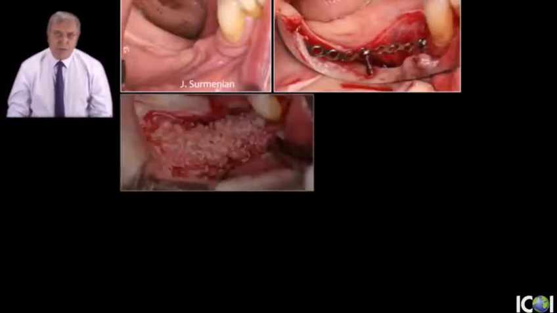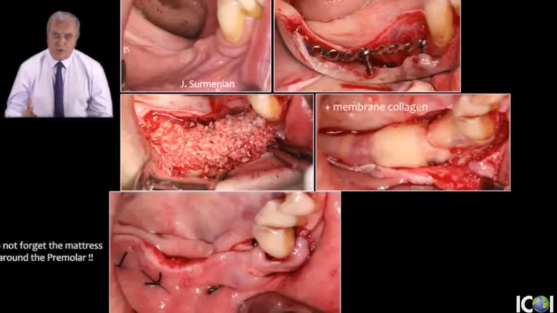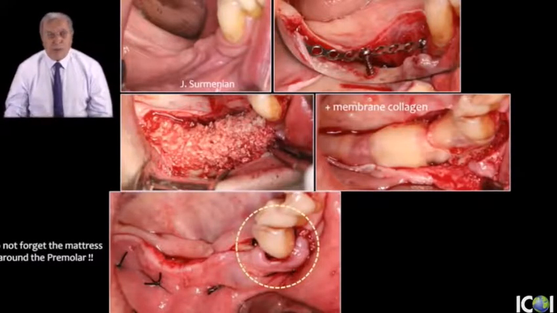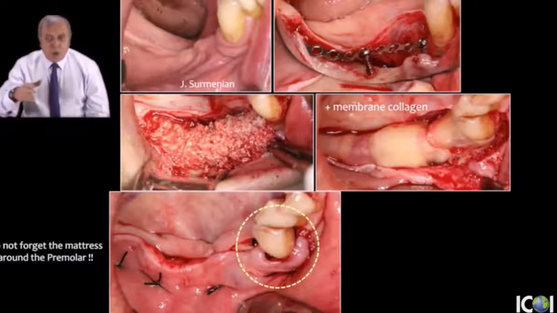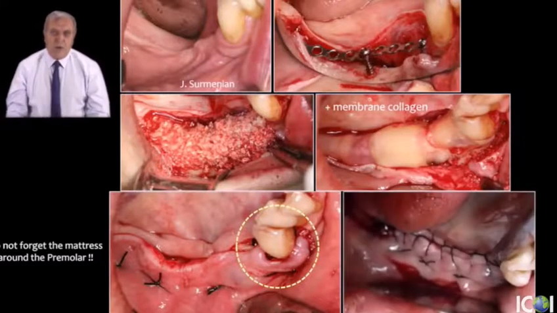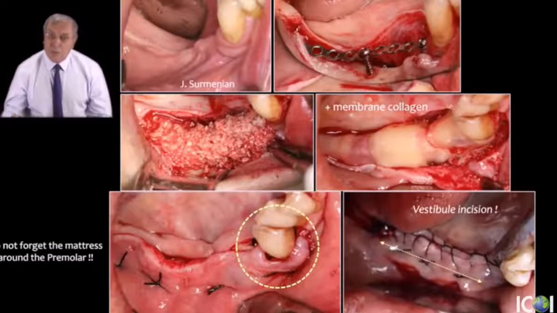Vertical is the same concept. Just organize a space without pressure of the soft tissue. Sutures, apical, are mandatory. Don't forget to make an apical mattress around the premolar because there's huge tension in this area. Sometimes we need to cut the mucosa in order to release the tension more.